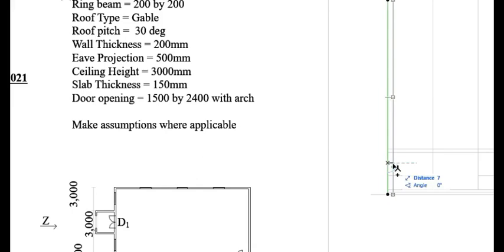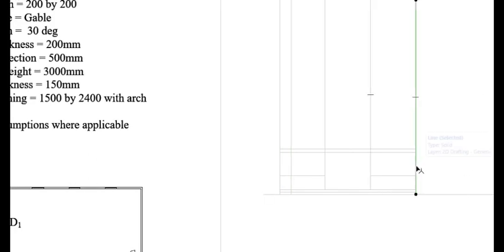To the scale, that is going to be 15 millimeters. So measure 15 for that. Do the same thing for this one, measure 15 and do another line.